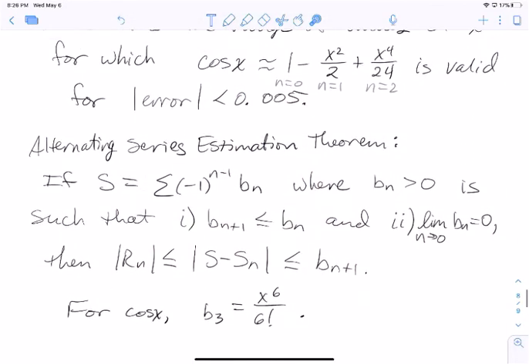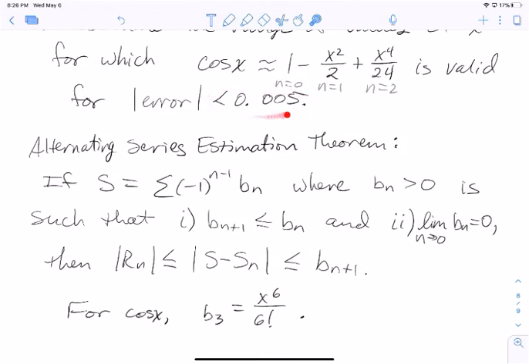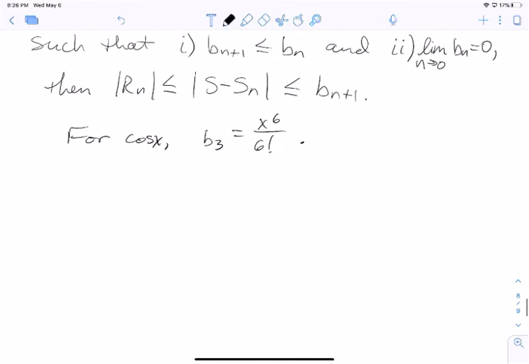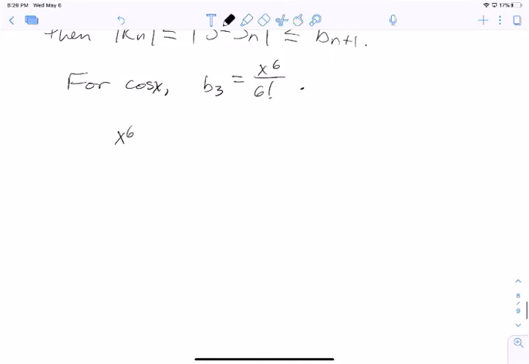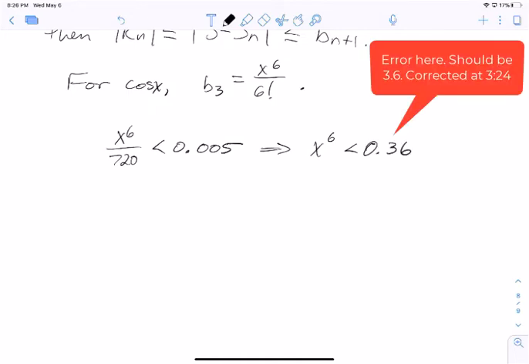Because we wanted our error to be less than 5 thousandths, we're looking at x to the 6th over 720, that's our 6 factorial, is less than 5 thousandths. Which would mean, by clearing the fraction, x to the 6th is less than 0.36.